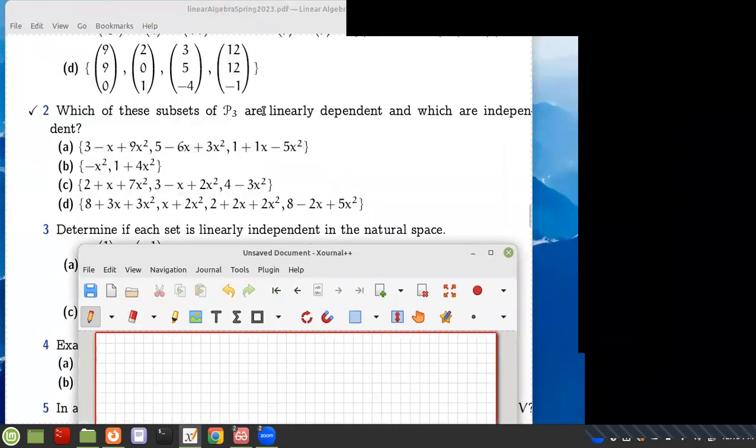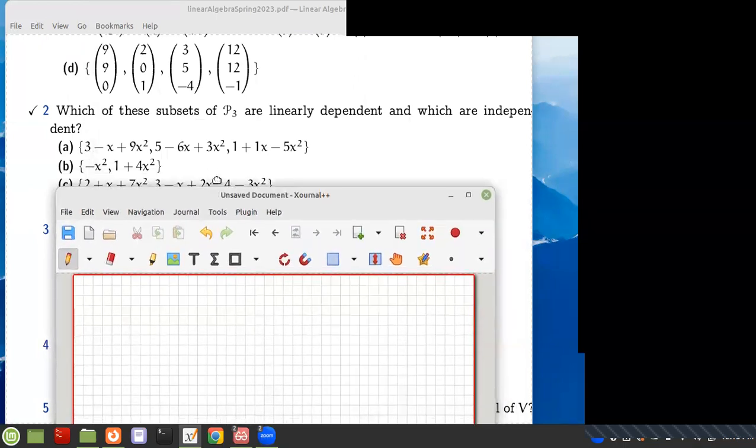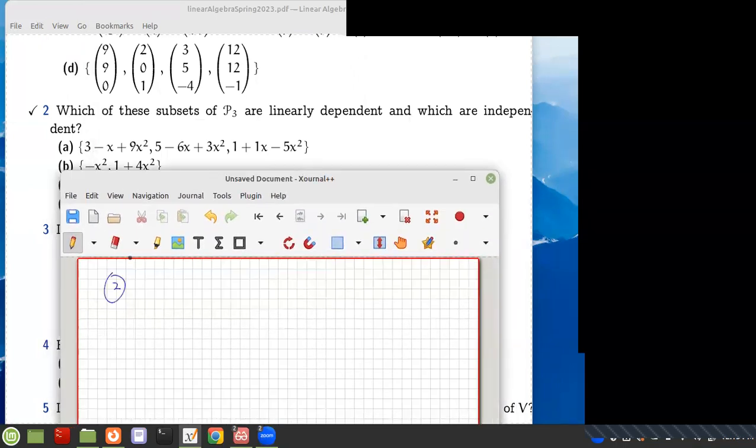So let's do problem 2. Now we're in P3, which is a polynomial vector space. We want to see which of these subsets are linearly dependent and which are independent.